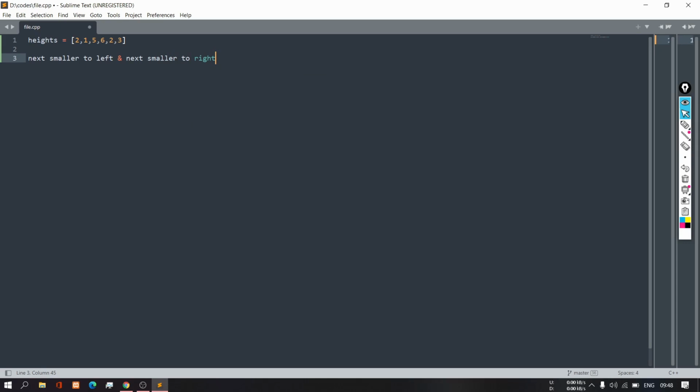You should know how to find these two things. These two are implemented using a stack, and if you have already studied this question, then you can understand this question in a very easy way. But if you don't know this, then you will find it very hard to understand this question.